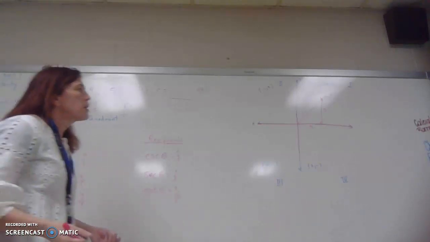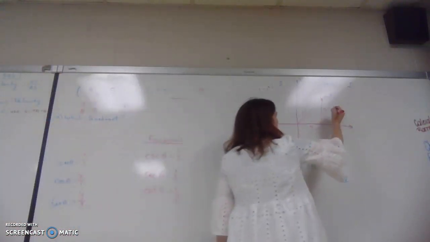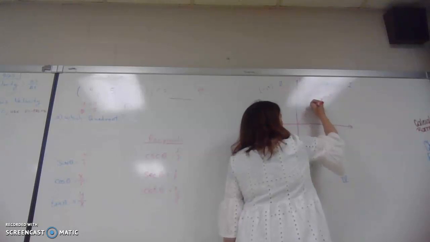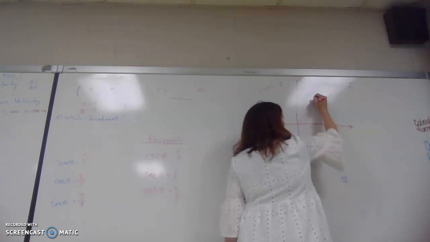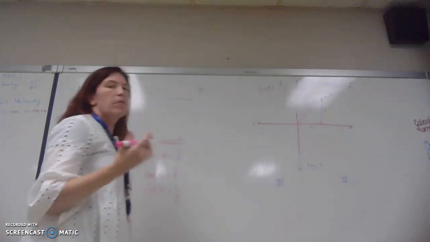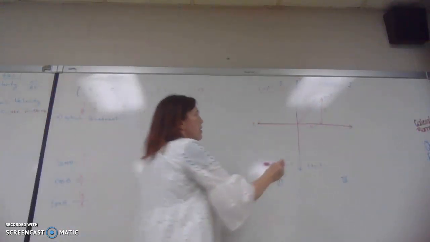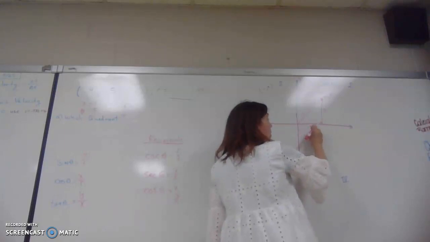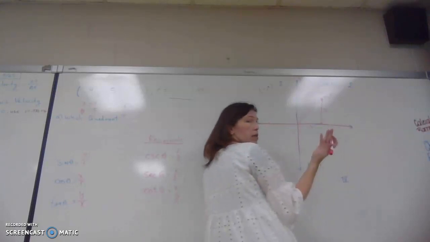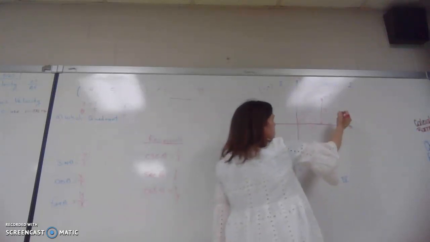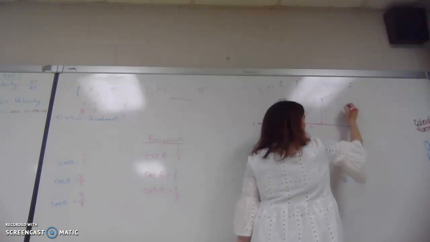So my radius is the square root of 5 squared plus 4 squared. So the Pythagorean theorem states that if I take the sum of the squares, and its square root, I'm going to get that hypotenuse.